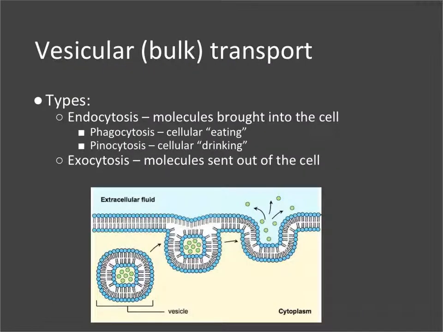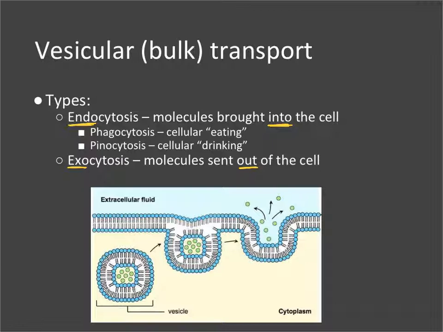There are different types of vesicular transport, and we can divide them into essentially two main categories. So there's endocytosis, which means that something is being brought into the cell. And exocytosis means that something is leaving or being sent out of the cell.